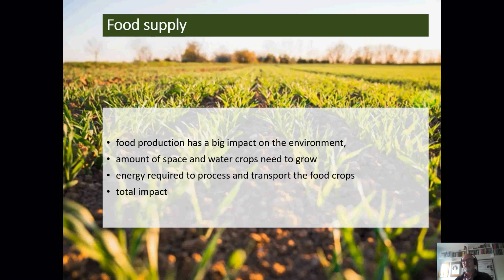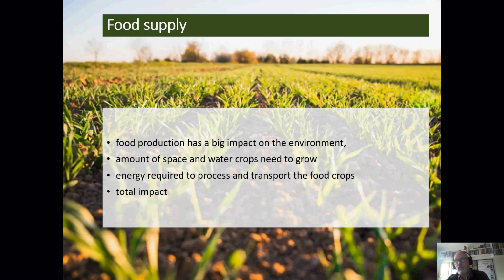Of course, we also recognize that industrial food production, by which I mean large scale, obviously has a big impact on the environment, because it does require a lot of space.